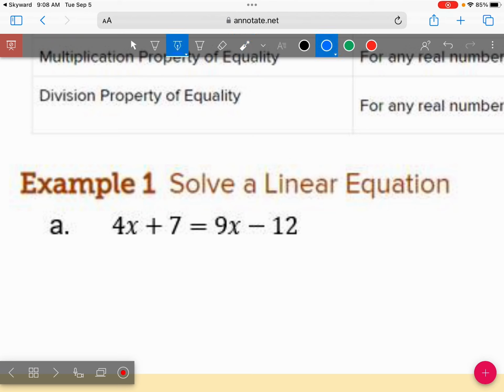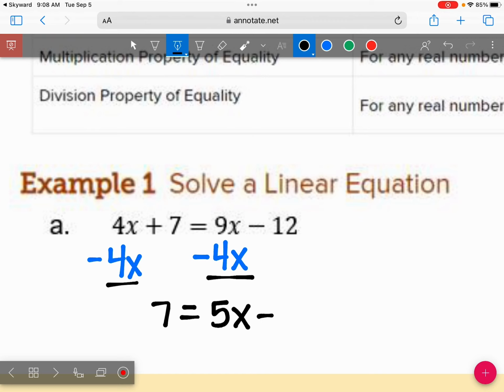So I just need to pull all my variables to one side, all my numbers to the other. So I'm going to subtract 4x. And again, I'm doing that to both sides. So that is 7 equals 5x minus 12.